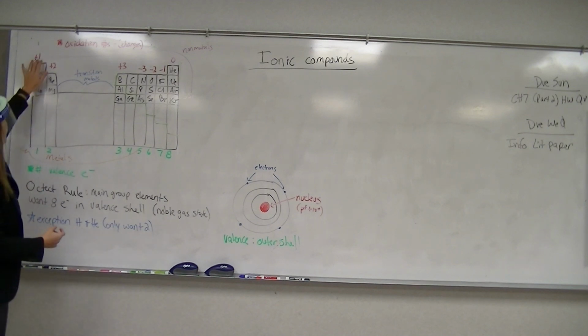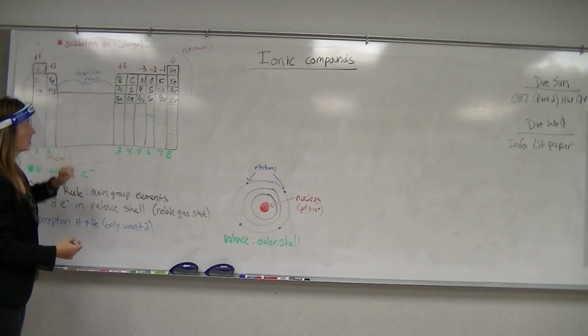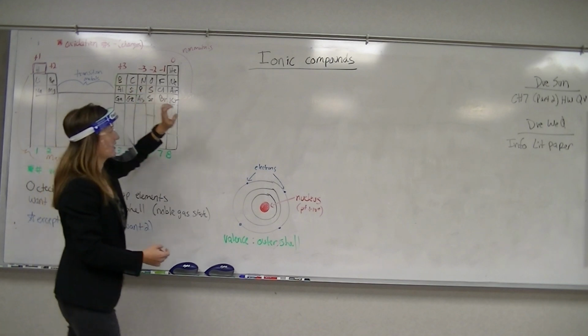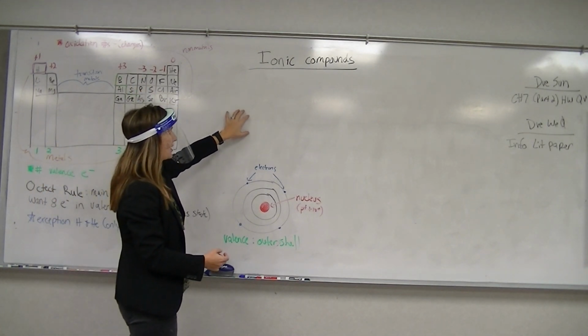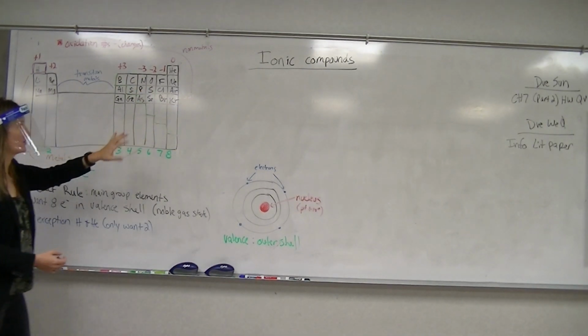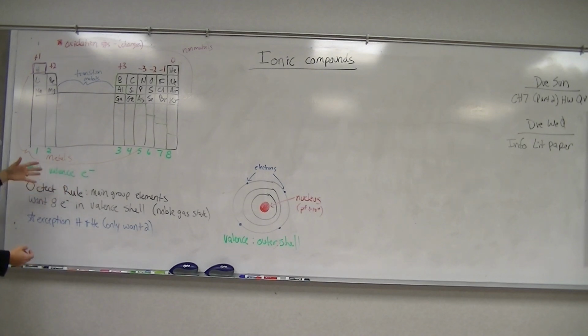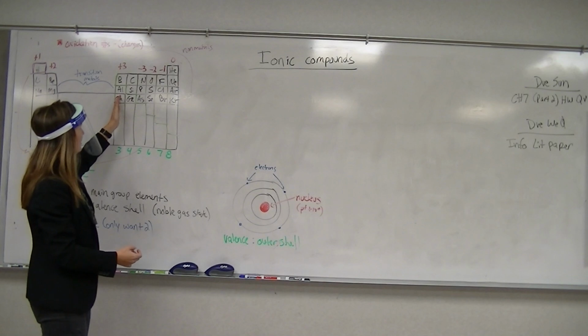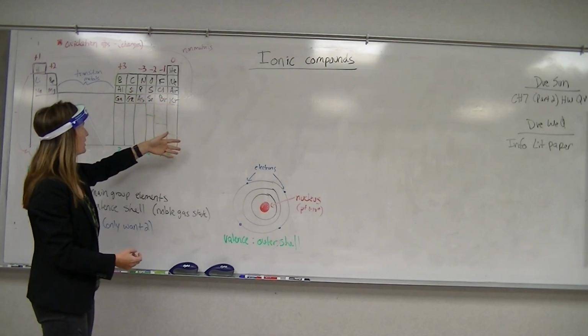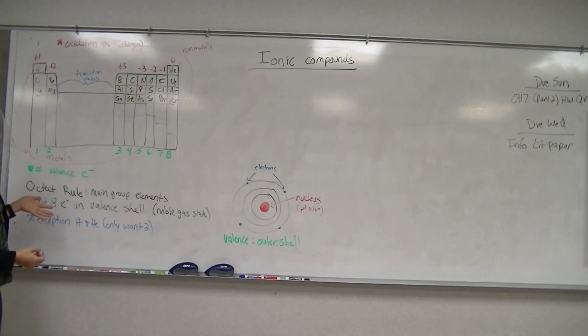Now, the charges that I have up here, these oxidation numbers, those are only used in ionic compounds. So that's why we're talking about them in more detail now, because we're looking at ionic compounds. So for the main group metals, we know what the charge would be when these elements are in an ionic compound based off where they are on the periodic table. So the alkali metals, this group 1 here, always +1.